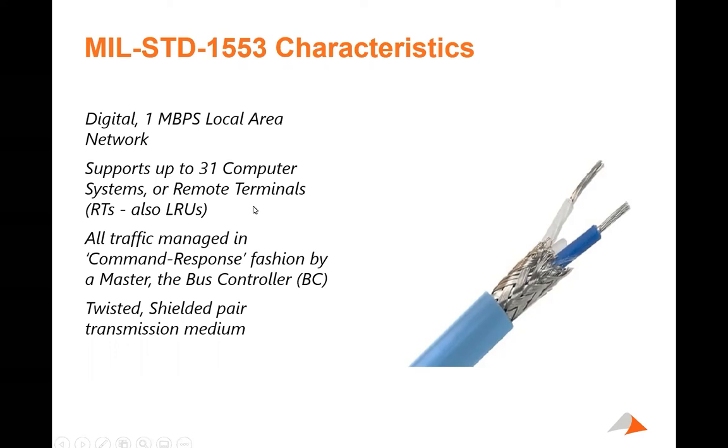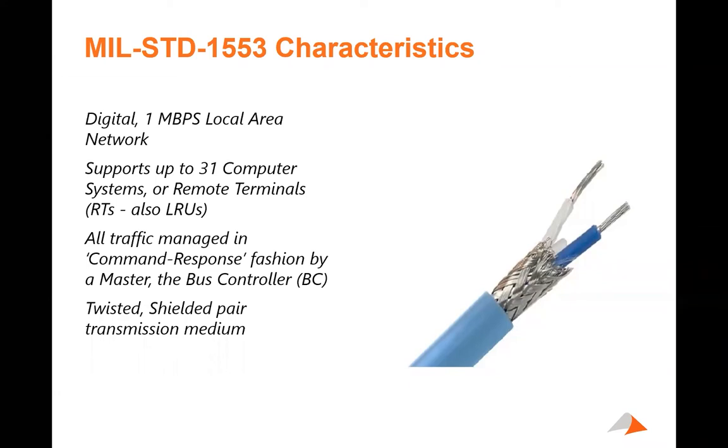So 1553 will support 31 computer systems on it. There are remote terminals, there are bus controllers, you can even put monitors on it. And it's a drop bus, and we'll see what that means in just a minute. There's not many drop buses around anymore, simply because most of the newer networks are controlled through switches.